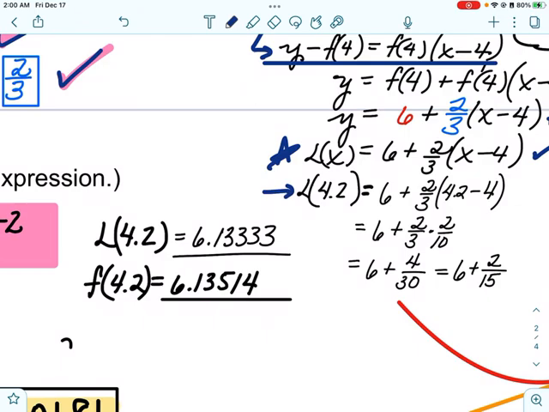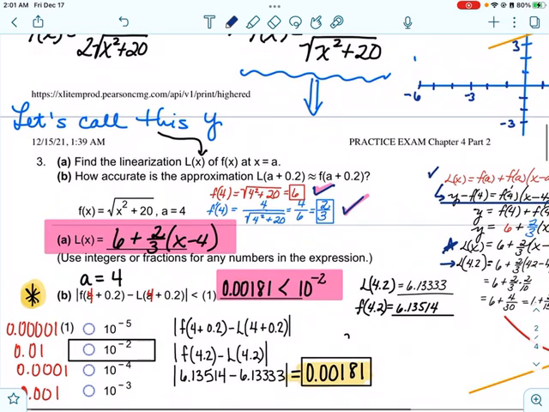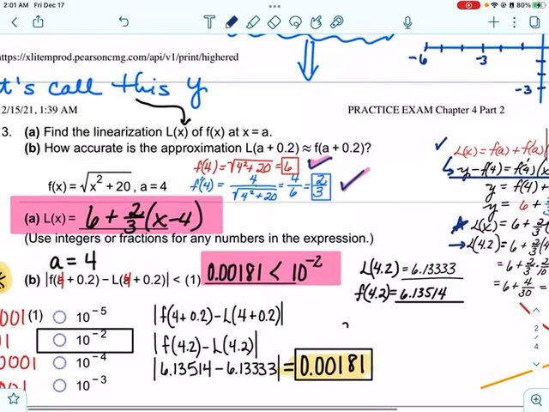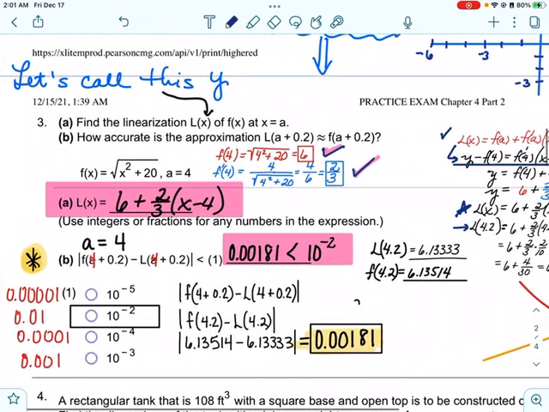If you think about x equal to a, so at a, for the second, hold just a second. I've got L of x. So how accurate is the approximation for L of a plus 0.2 and f of a plus 0.2?